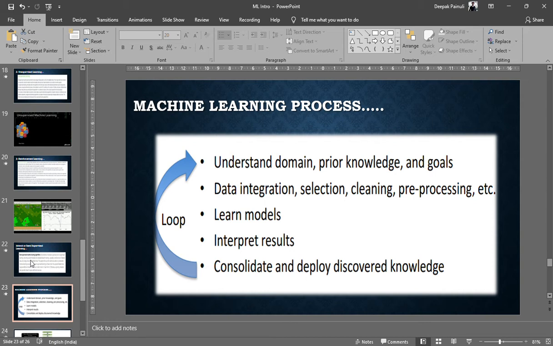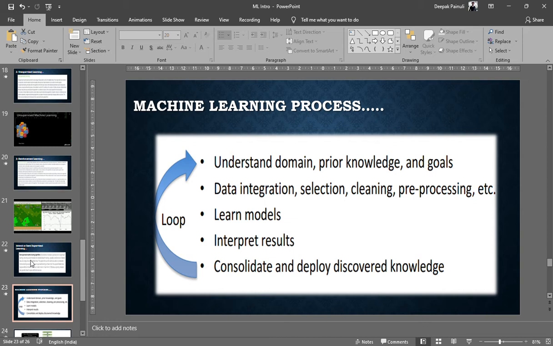So the machine learning process consists of different steps. Firstly, you need to understand the domain, or we can say prior knowledge and goals, what you are going to do. In my example, if I am going to build a classification model on lung cancer, I need prior knowledge of the lung cancer domain and what I am going to do.